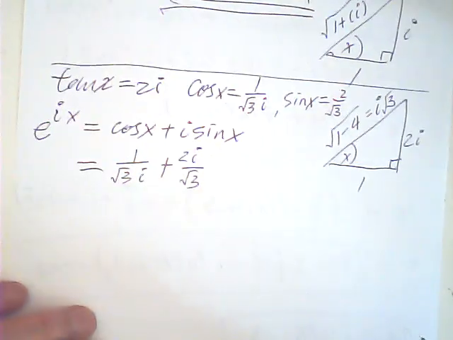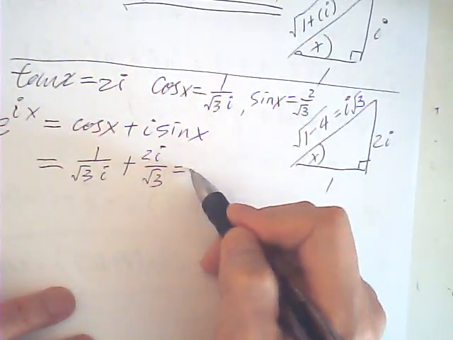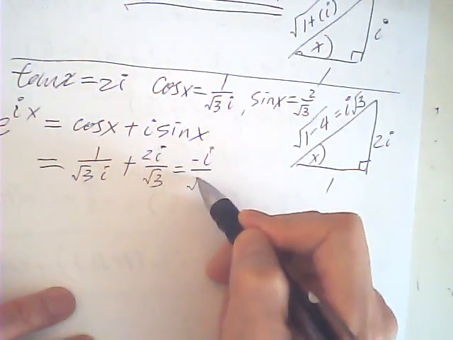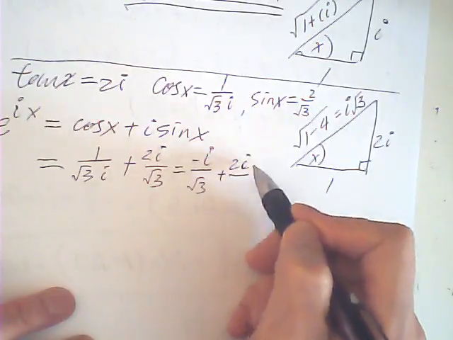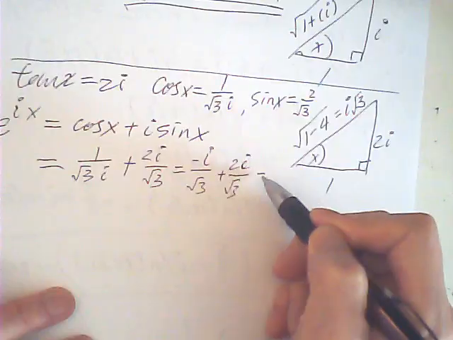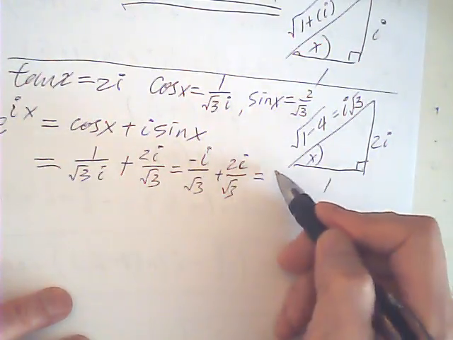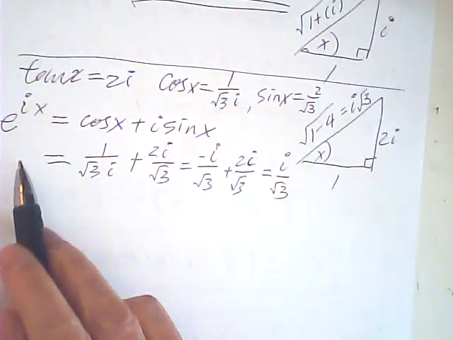Yeah. So this one is equal to negative i root 3 plus 2i root 3, which is equal to i over root 3. Wow, good. That is e to the ix.